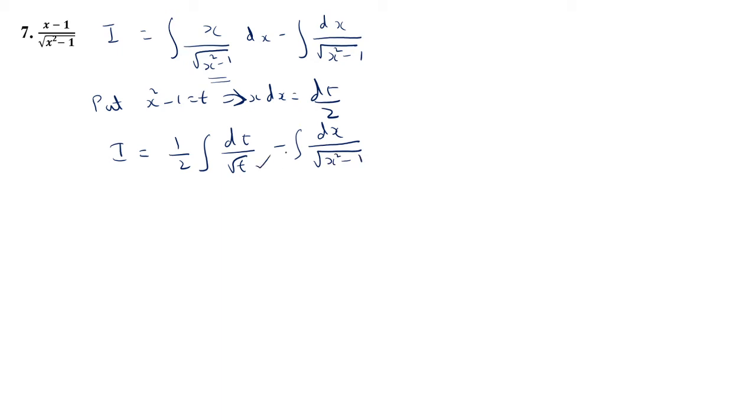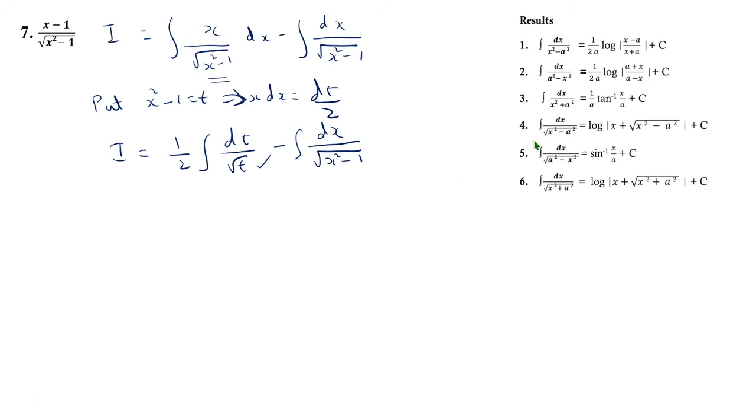For this we have the standard formula for integral dx by root of x square minus 1. It is log mod x plus root of x square minus 1 plus c. So this is equal to half into integral dt by root t, that is t raised to minus half plus 1 by minus half plus 1, minus log mod x plus square root of x square minus 1 plus c. So this 2 goes away, and t we can substitute.